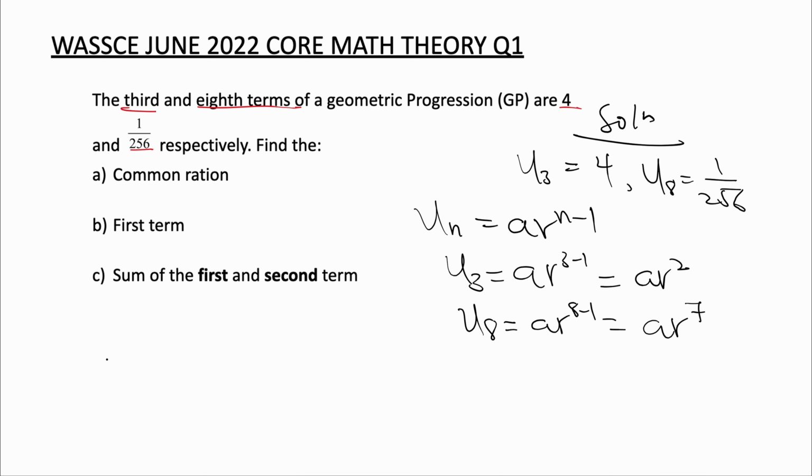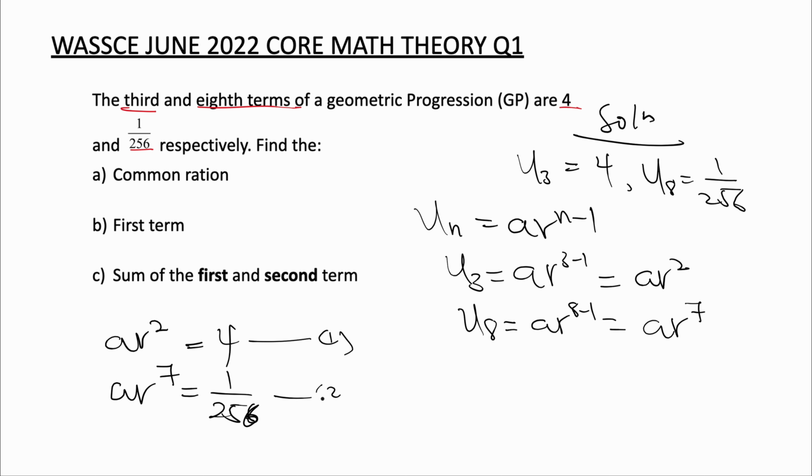So we can say that ar^2, which is the third term, is equal to 4, and ar^7 is equal to 1 over 256. So this is equation 1, this is equation 2.